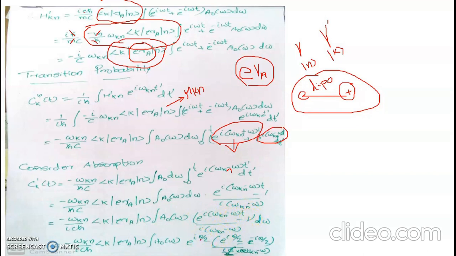To make it more convenient, I have substituted theta equal to omega kn minus omega into t. So these terms are repeated, e raised to i theta by 2 into e raised to i theta by 2 minus e raised to minus i theta by 2 by omega kn minus omega. This i is not here, i is already taken out.